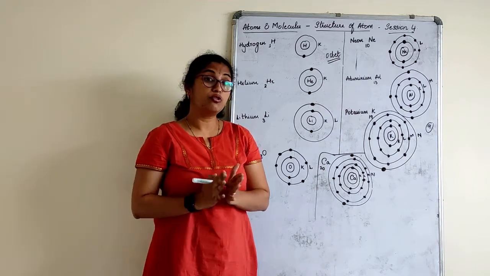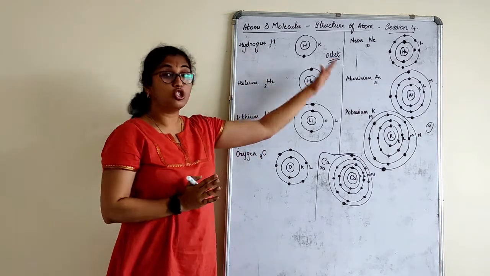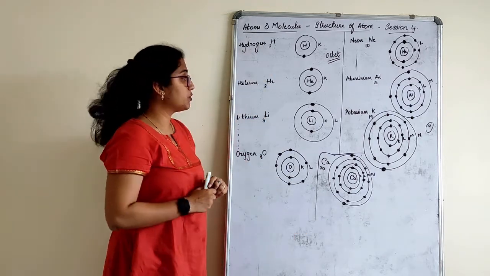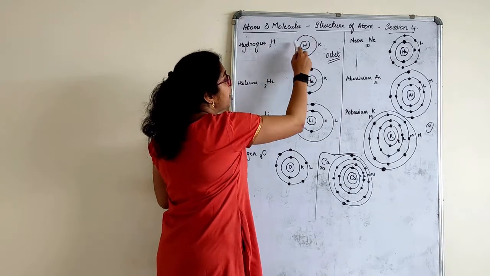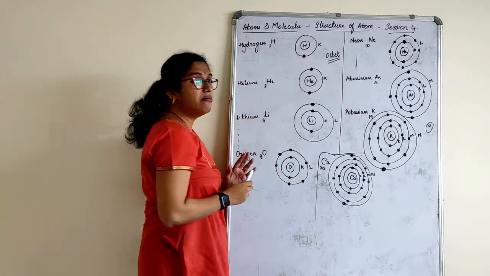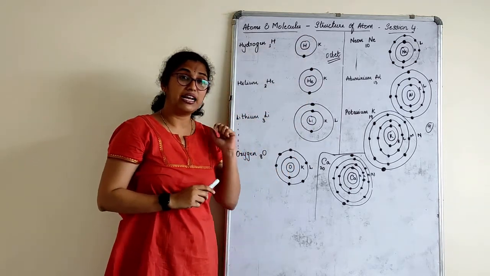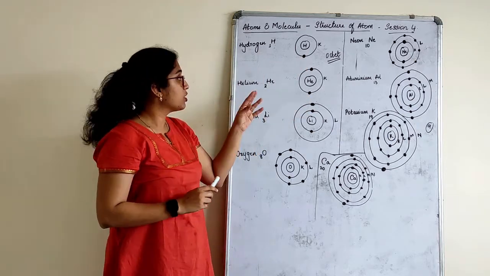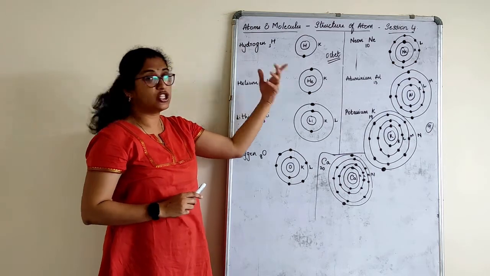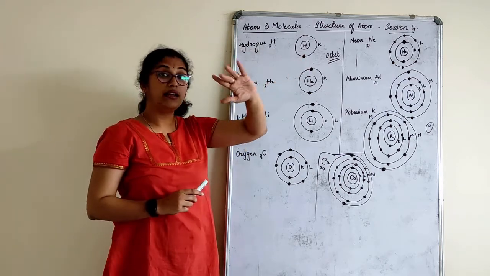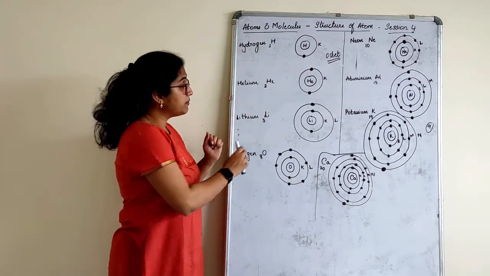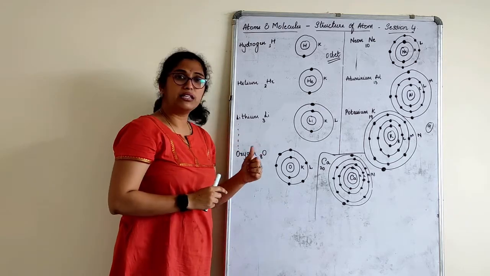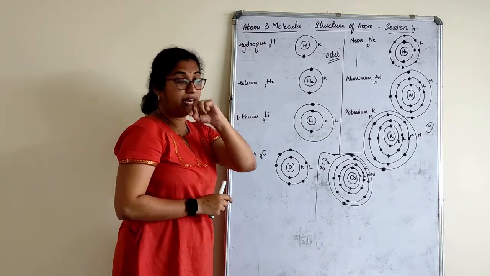Now point number 2, what you have to know here is, once you are done with this, just give it a look. See how many electrons are there in the last shell. 1 electron, 2 electrons. Coincidentally, helium is 2, and the last shell is also 2. Hydrogen is 1, last shell is also 1. Lithium is 3. What is the last shell, children? 1.